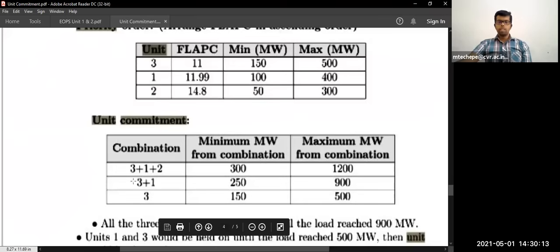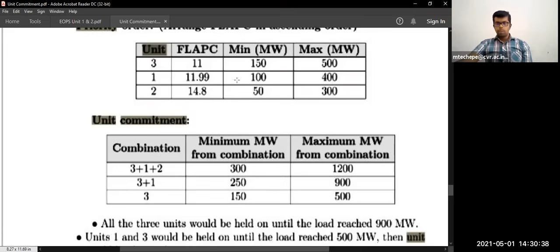Next, we go for the 3 plus 1 combination. Here with 250 megawatt, whatever the combination, like 150 plus 100 megawatt, 250 we can manage. Next, 100 plus 150 you can also manage.